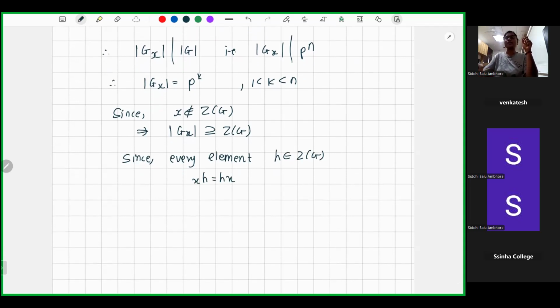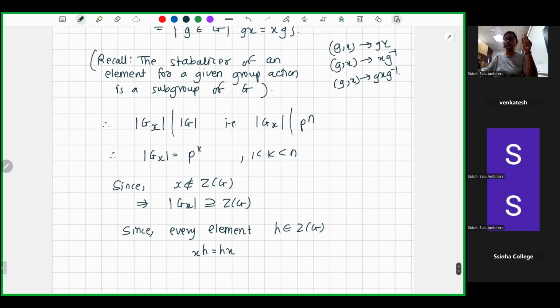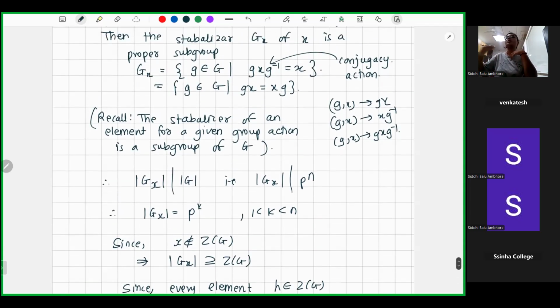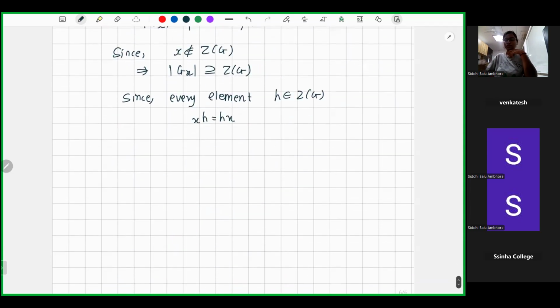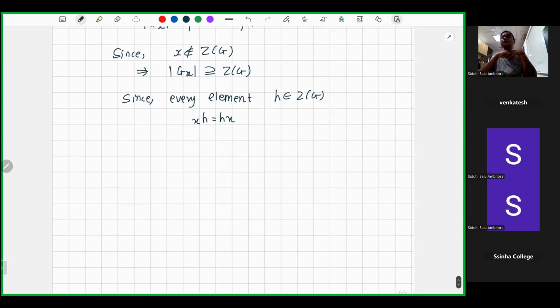And since x does not belong to Z(G), it means that there are a few more elements which commute with this x, right?